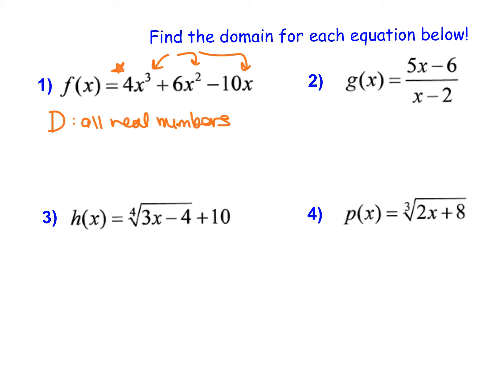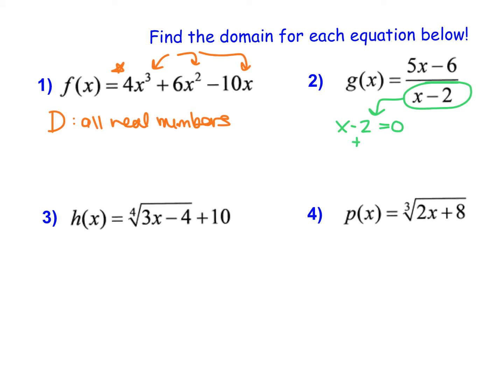If I then look at example 2, I notice that I have a fraction with x in the denominator. Here I have a denominator with x minus 2, and so I know that the denominator can take in anything except for the value that makes the denominator x minus 2 equal 0.